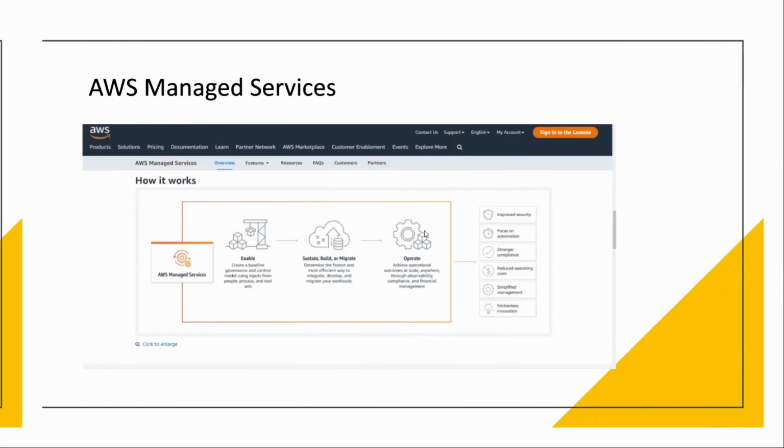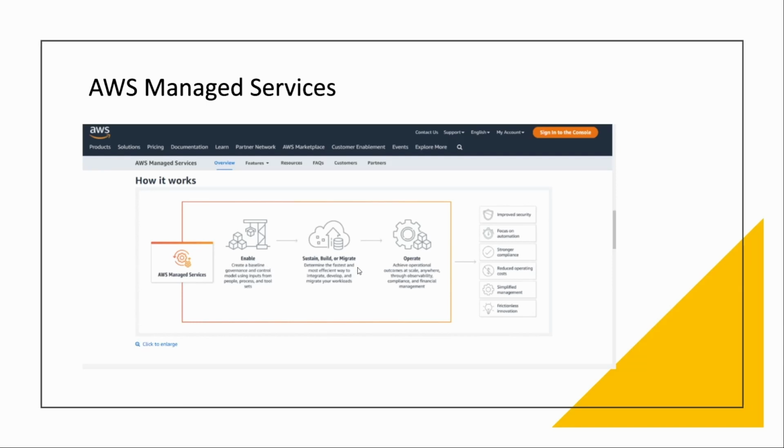What is AWS Managed Services? So Managed Services is like a complete package of enabling, building, and operating to help you adopt AWS, help your business to adopt AWS. So what happens in enablement is that it will create a baseline, and as you can see here in the diagram, it picks up input one by one and tries to process it.